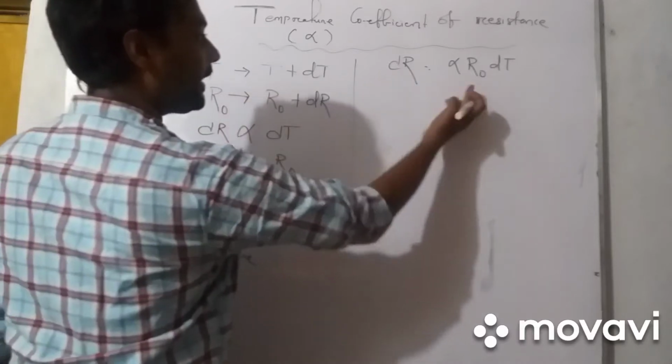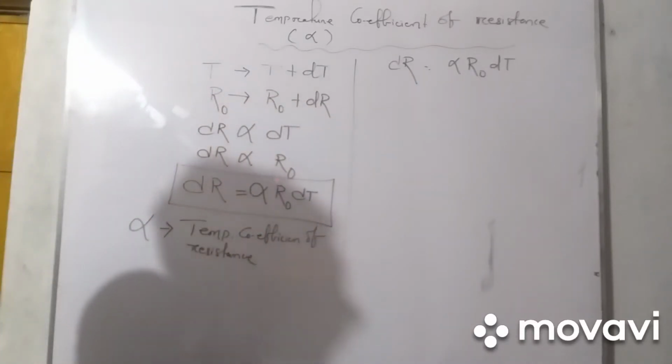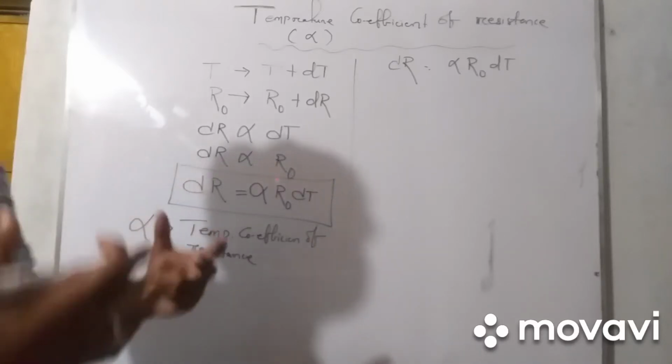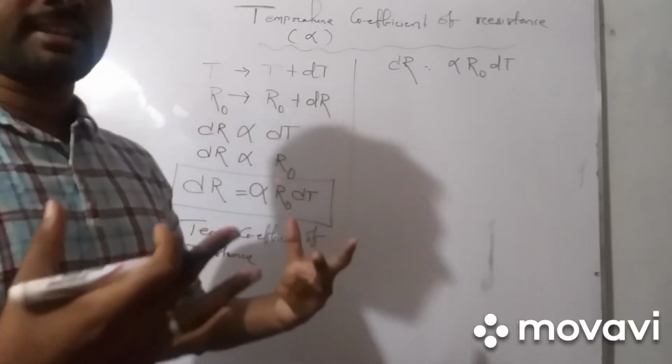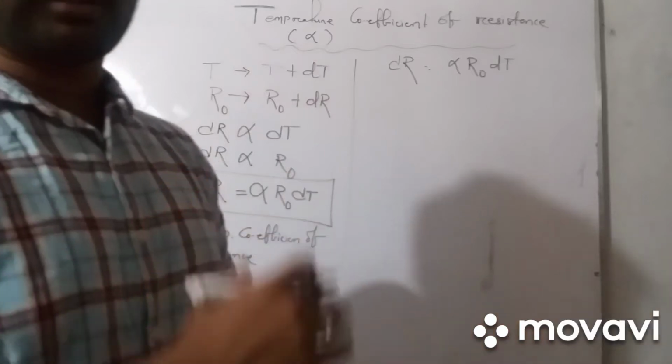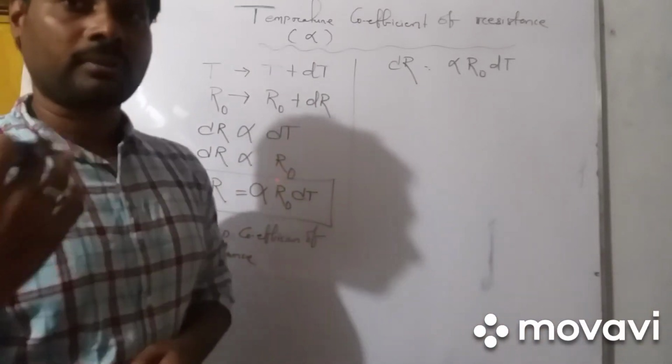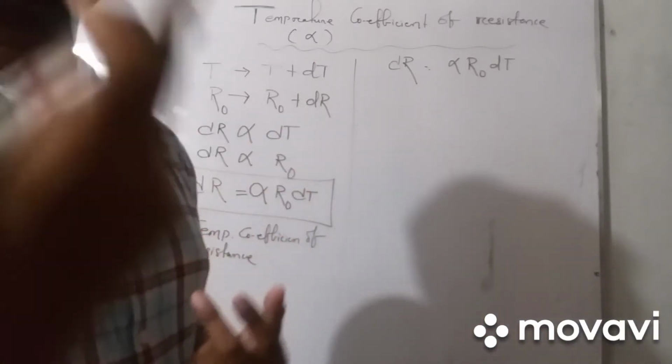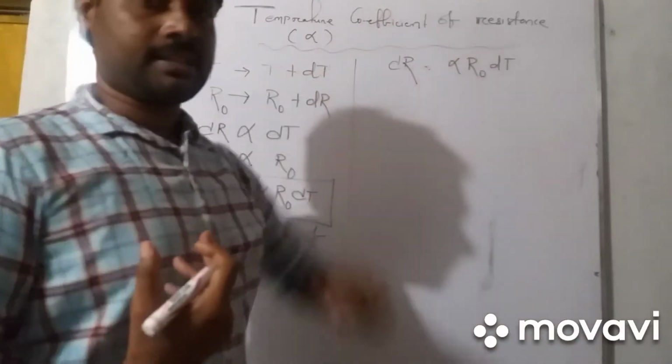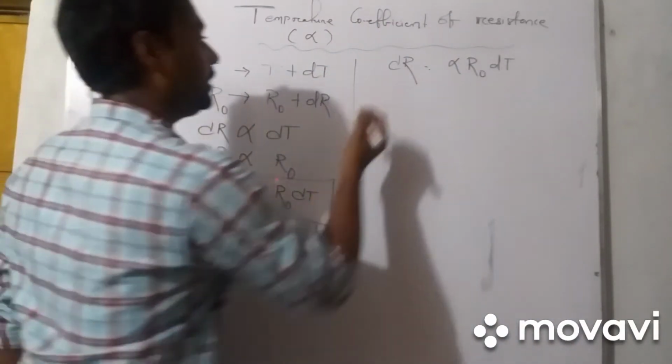Now we integrate on both sides with proper limits, because we have to calculate how much the resistance increases while the temperature increases. Okay?